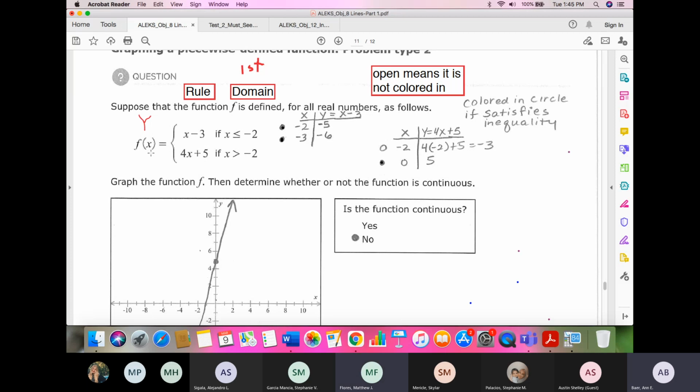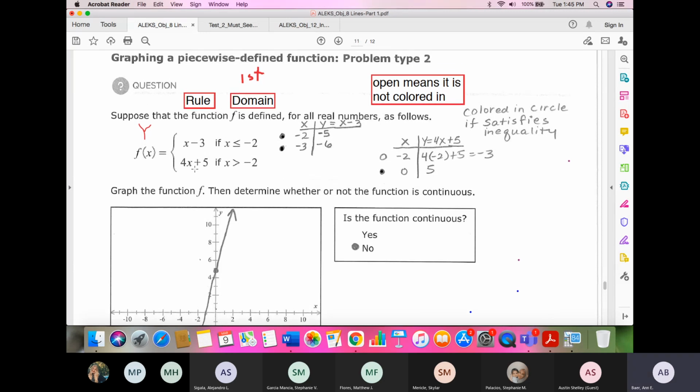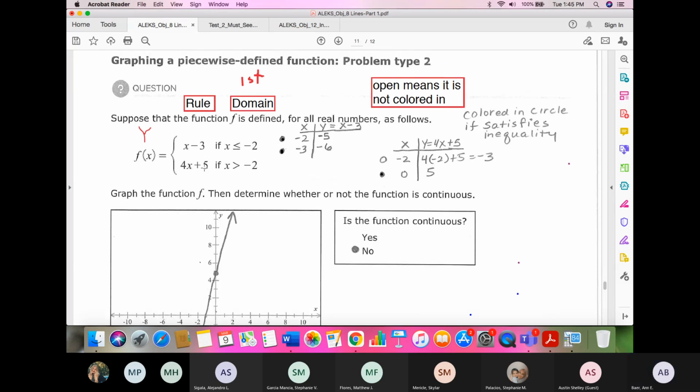However, y equals this, 4x plus 5, if the x coordinate you're talking about is bigger than -2. So this column right here, I would consider to be your rule column. This column here is considered to be your domain column.